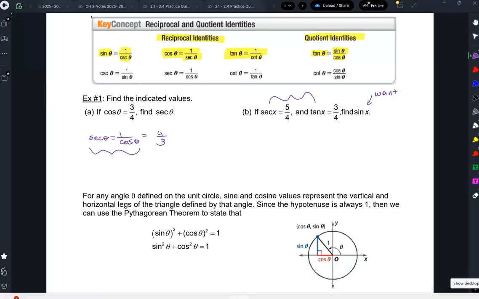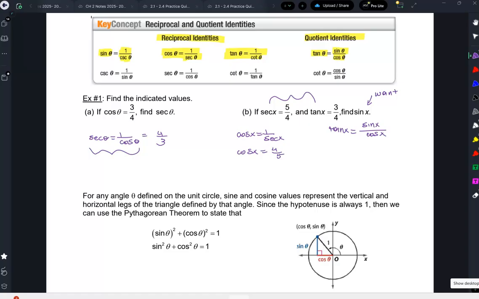I know that tangent of x is sine x over cosine x, and I have sine x here, but I have secant here. Well, I know that cosine x is 1 over secant x, so cosine x is 4 over 5.